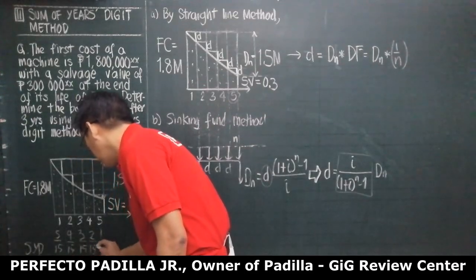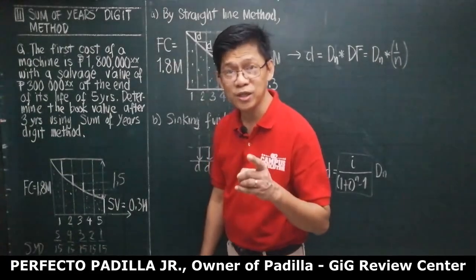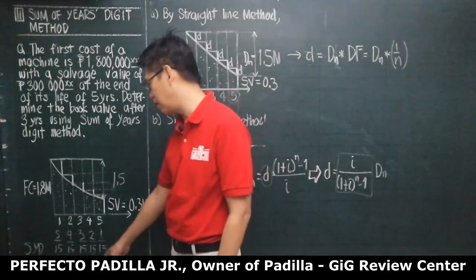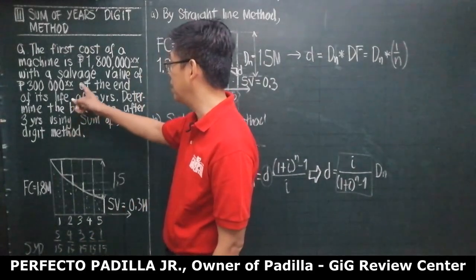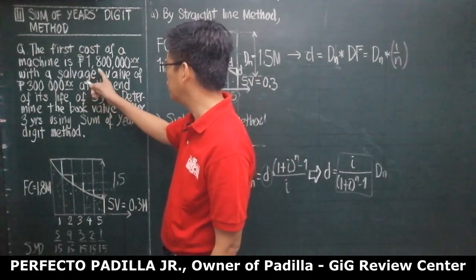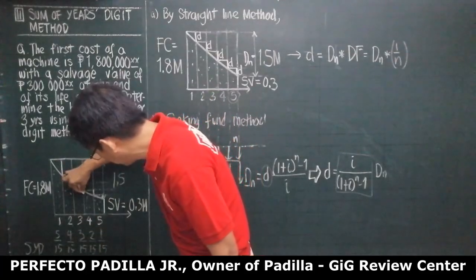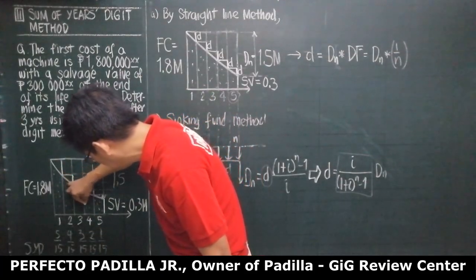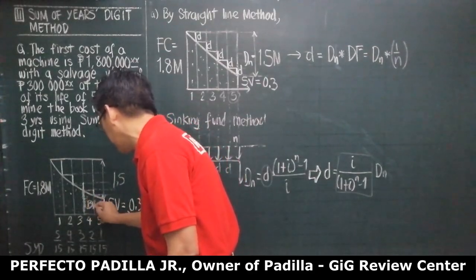Okay? So, if we're going to compute the depreciation share at the end of the third year, okay? Pero ang kailangan remember, hindi lang yung depreciation share, kundi yung book value, no? After 3 years. Ito yung third year. Ito yung kailangan natin. This is the book value at the end of third year.